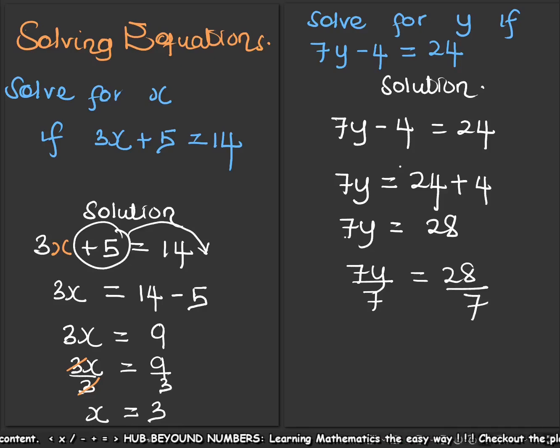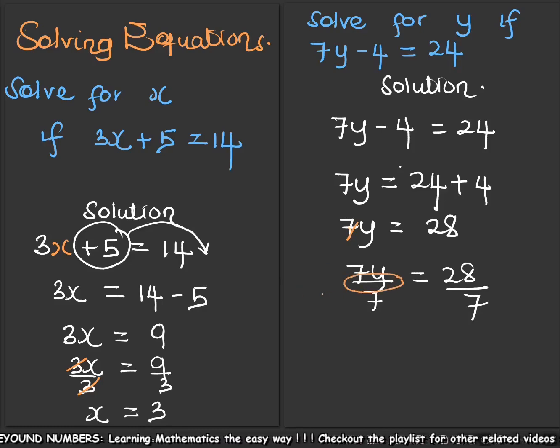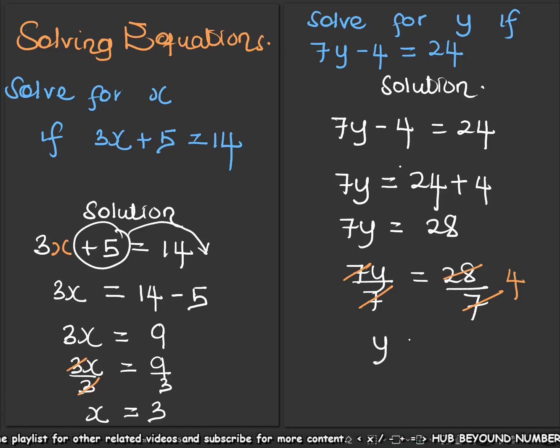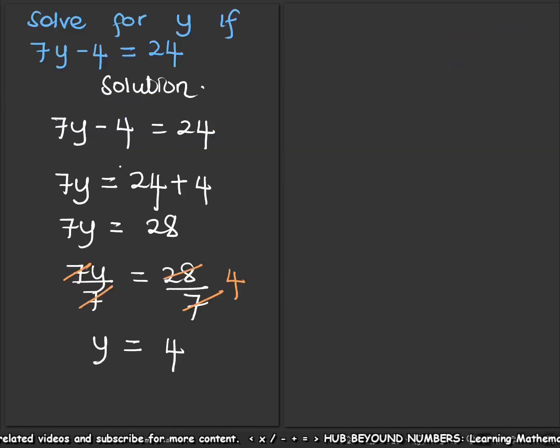Because the operation here is multiplication, and the inverse of multiplication is division. So to take out any term that is multiplying, you have to divide. Hence, this 7 divides this 7, and 7 divides 28 4 times. And we can then say that our y is equal to 4. Very, very simple.